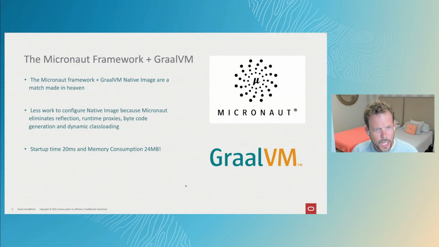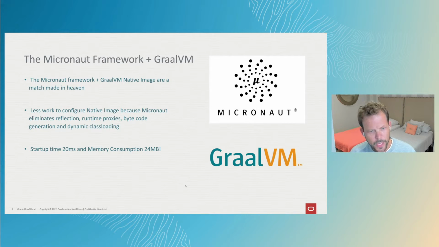So how do these two technologies relate to each other? Well, the two, Micronaut framework and GraalVM, are more or less a match made in heaven. The reason is because GraalVM, if your Java application needs to do any kind of reflection, runtime proxies, bytecode generation, dynamic class loading, all of these features are supported by GraalVM's native image tool.